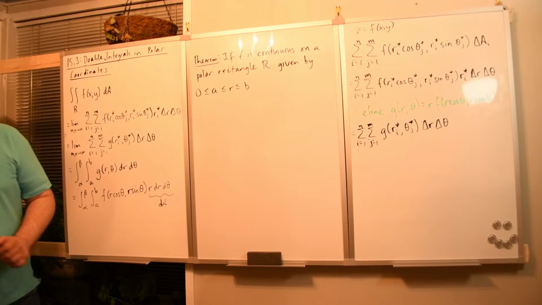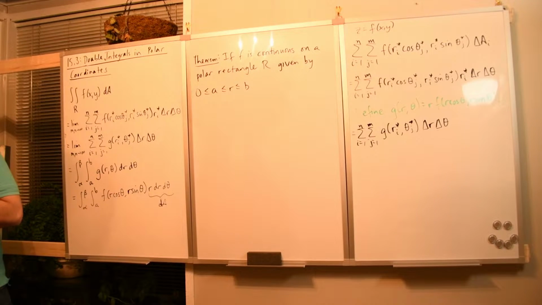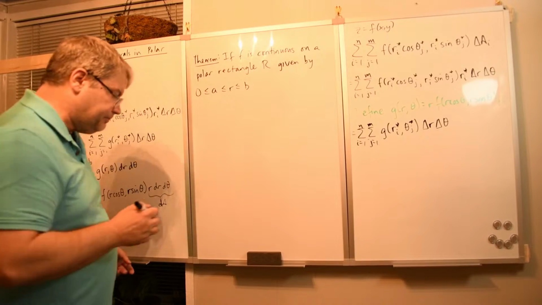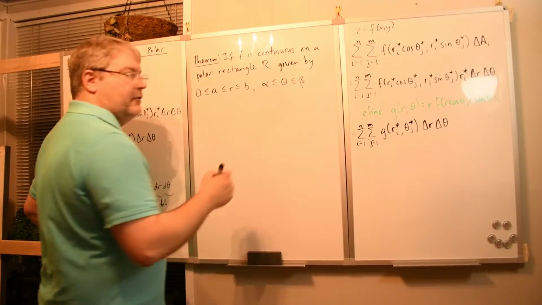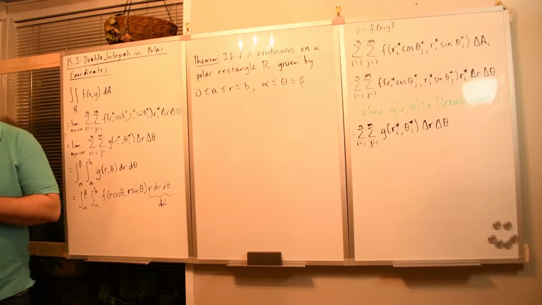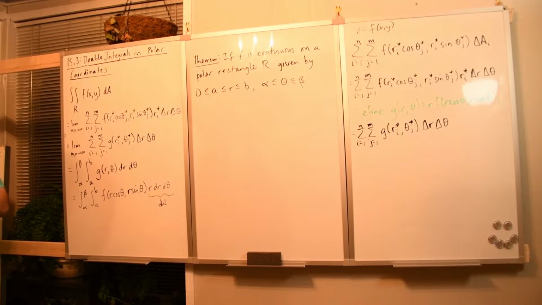And then b is going to be our upper bound on little r. So we've got the same sorts of boundaries that we saw before. Theta's bounds will be alpha and beta, so that's good. So this is how we're defining our polar rectangle.